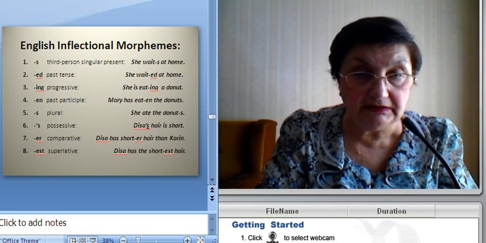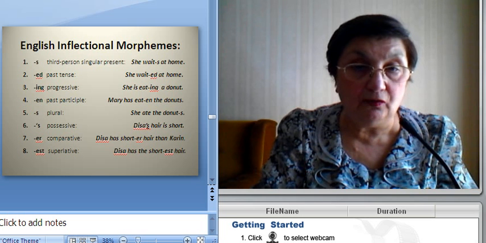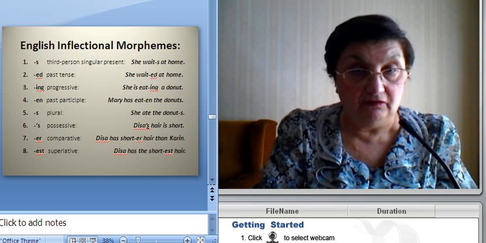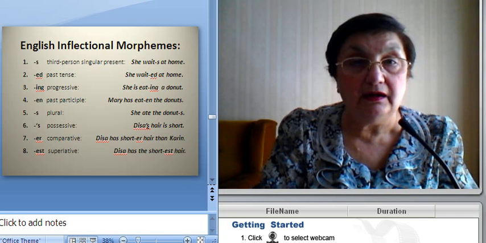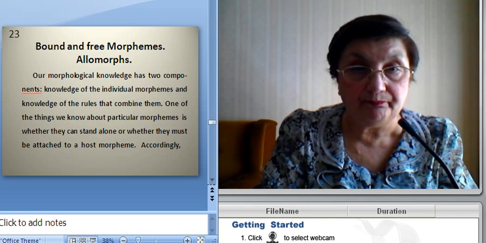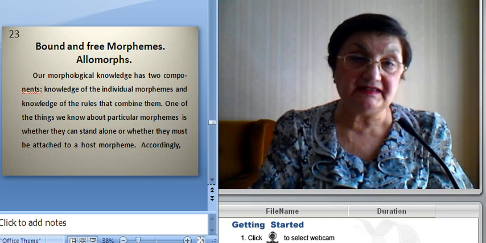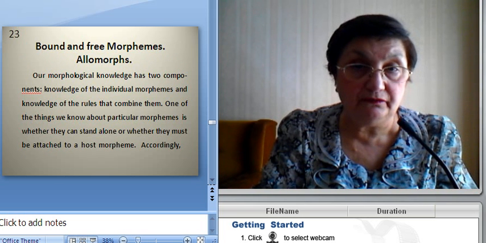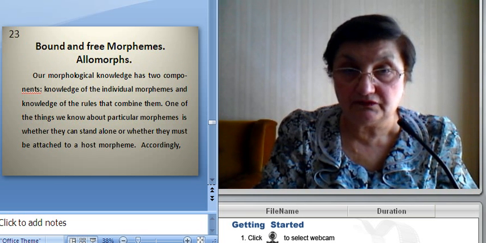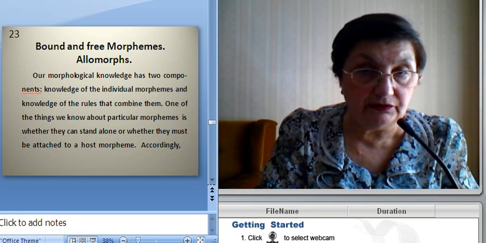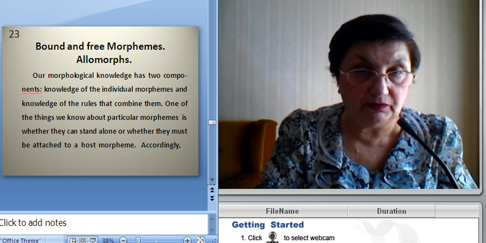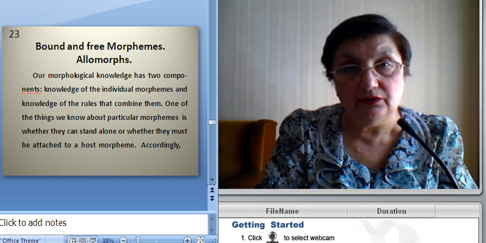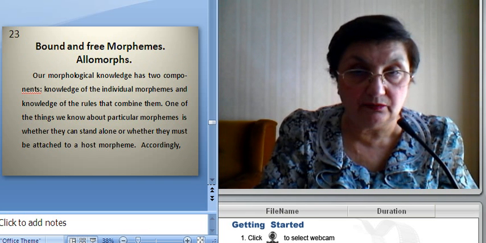The next pair of concepts is bound and free morphemes and allomorphs. Our morphological knowledge has two components: knowledge of the individual morphemes and knowledge of the rules that combine them. One of the things we know about particular morphemes is whether they can stand alone or whether they must be attached to a host morpheme.